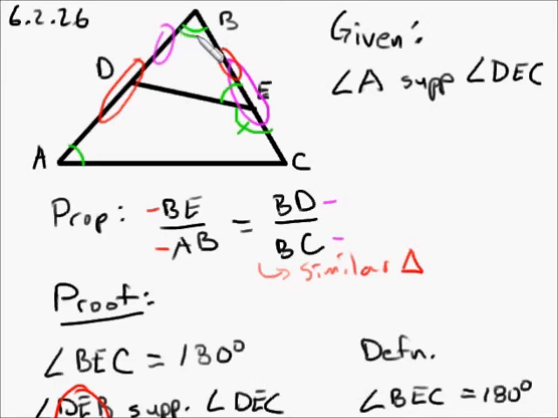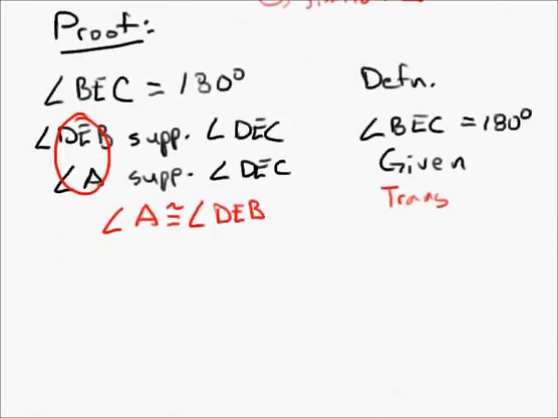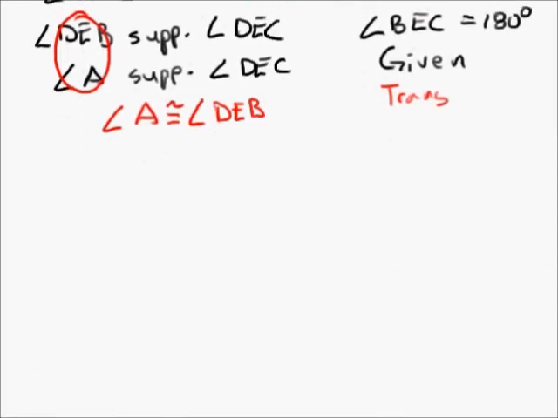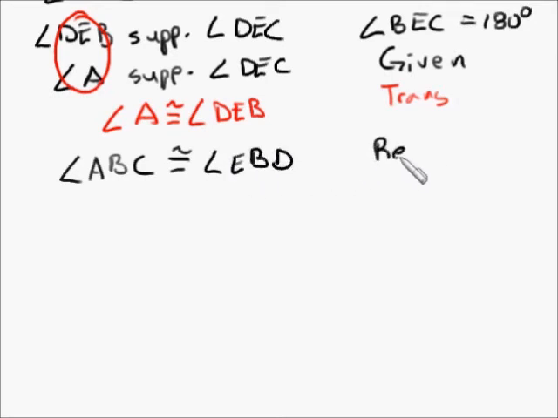We just need to take a look at angle B. This angle B is in triangle ABC. It's in triangle EBD. We've got our two angles. So we'll go ahead and write that down. And just for kicks, we'll make use of the reflexive property. Say that angle ABC is congruent to angle EBD, reflexive. Different name, same angle. It's congruent.